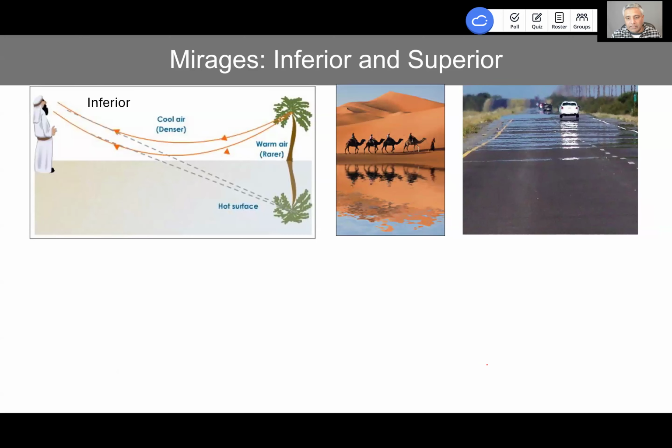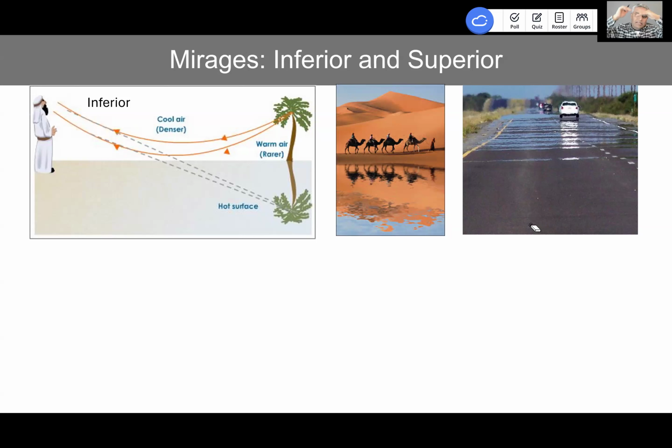And there is this phenomenon called mirage, and we can explain the mirage phenomenon by using this refraction. We have air, and air comes in different layers, and these different layers are gradually either getting colder as you go higher or getting warmer. It depends on the situation. For example, on a hot summer day like what you see in this case, the air near the earth's surface is hotter than the air that is a bit higher.